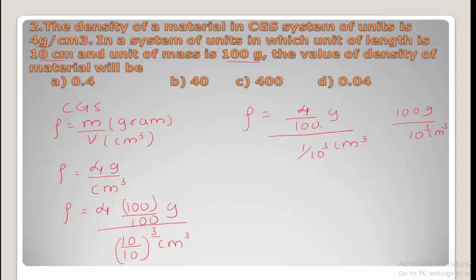Now simplify this value. What it becomes? 4 divided by 100 into 10 raised to 3. So this 100 is nothing but 10 raised to 2. This gets cancelled with 10 raised to 3. The remaining is 10. So the density value becomes 40.